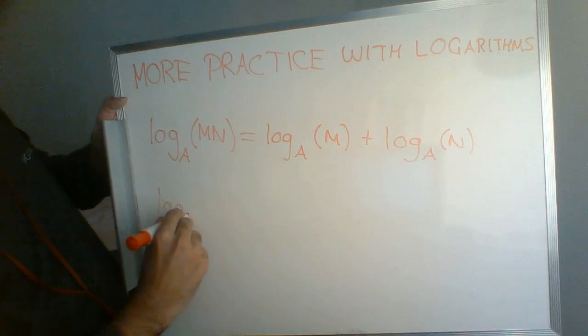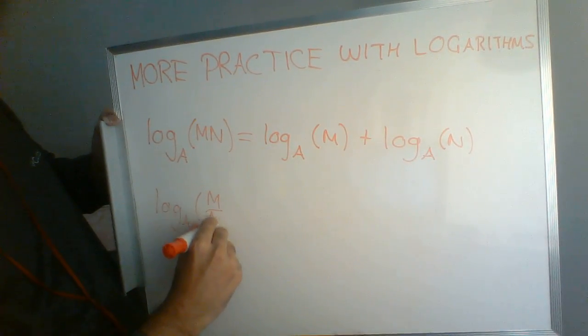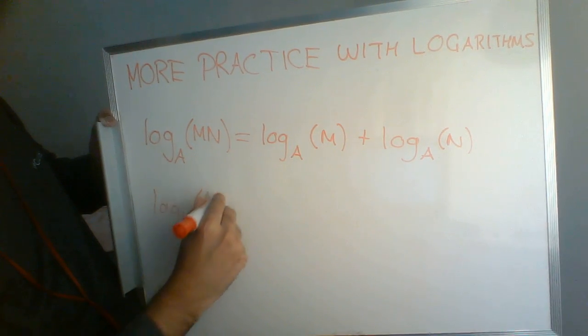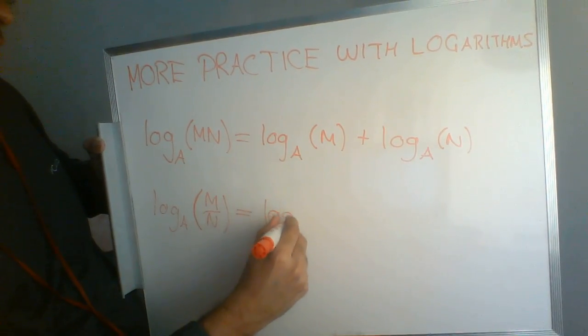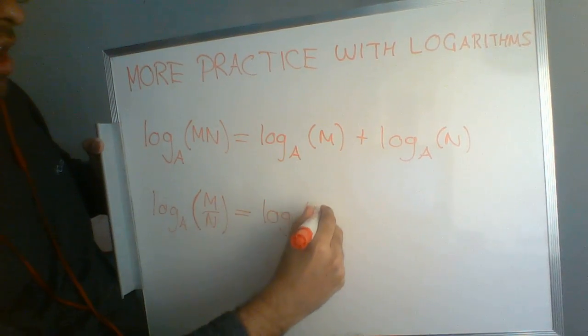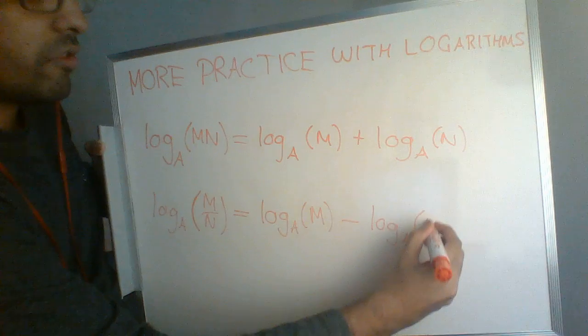The second one that we're going to use is log base a of m over n, or m divided by n, which is the same as log base a of m minus log base a of n.